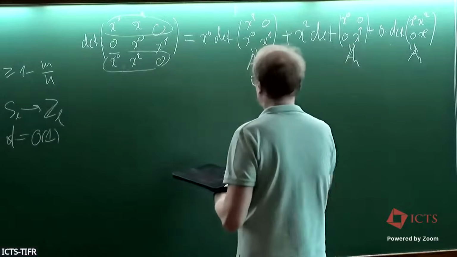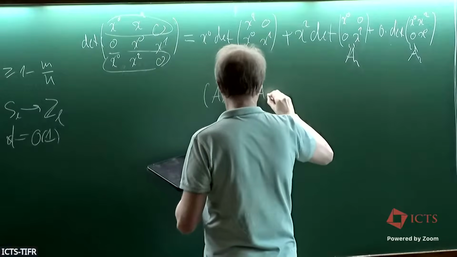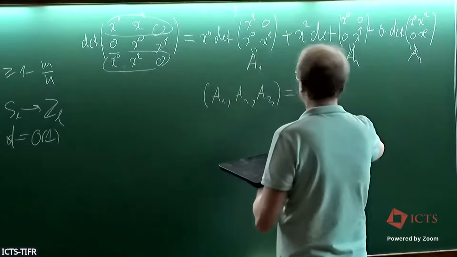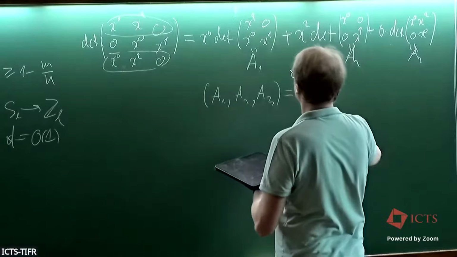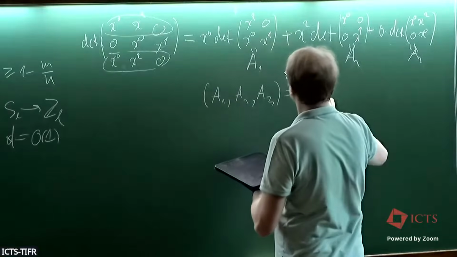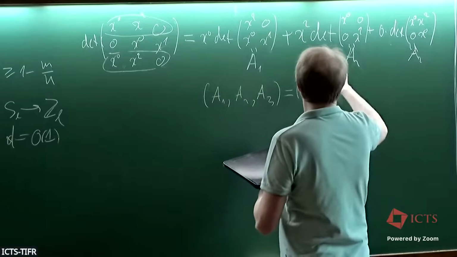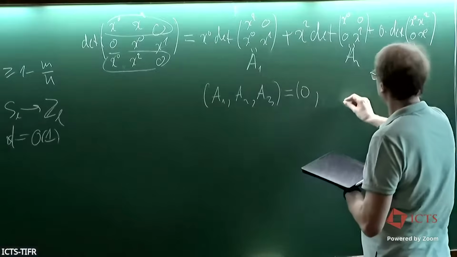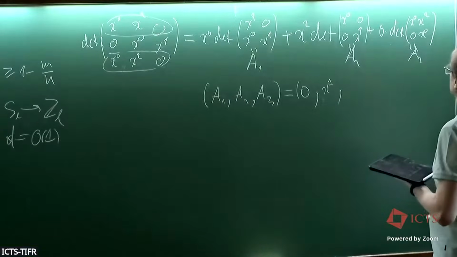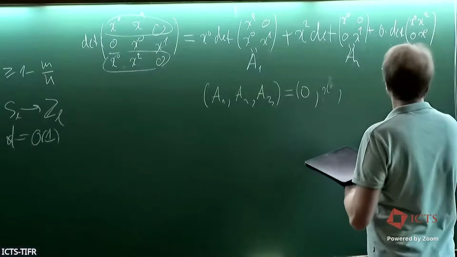So x3 is equal to 1, and here x0 is 0, and here it is x1, and here it is x0 plus x.